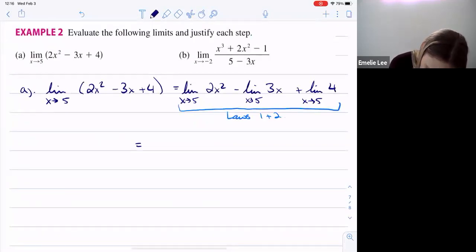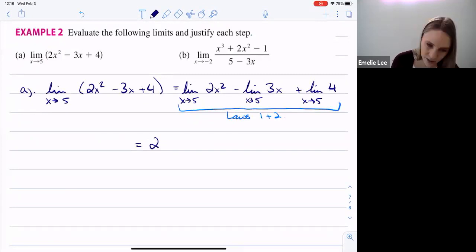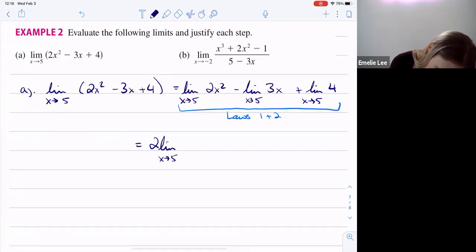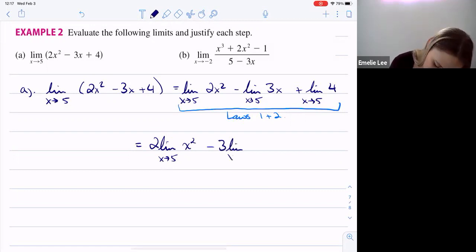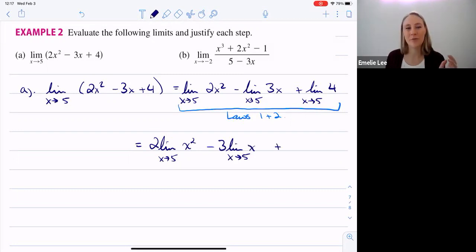So I'm going to move this over because I'm going to need a little bit more room here. The 2 goes outside. 2 is a constant. 2 times the limit as x approaches 5 of x squared minus, again, 3 is a constant, times the limit as x approaches 5 of x, plus the limit of 4 as x approaches 5. Well, 4 doesn't care what x is doing, so that's just going to be 4.